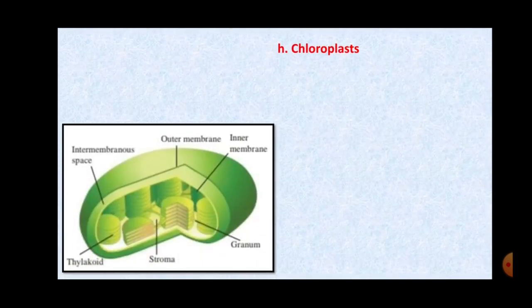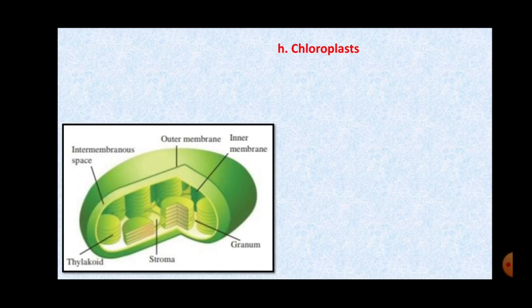Now, the last cell organelle which we are going to study in the lesson is chloroplast. Though it is last, it plays a very, very important function because they perform the process of photosynthesis, that is synthesis of food.